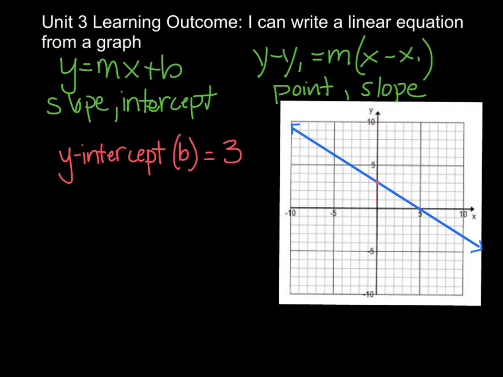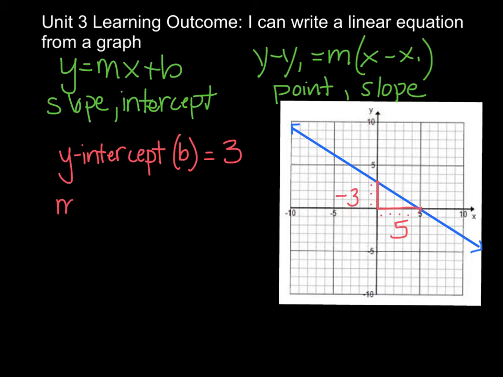Okay, then you can try to calculate your slope, or you can make a slope triangle. Okay, I see a really nice point right here too. So I'm going to make my slope triangle down and over. Looks like it goes down 1, 2, 3, so that's -3, and over 1, 2, 3, 4, 5, that's 5.